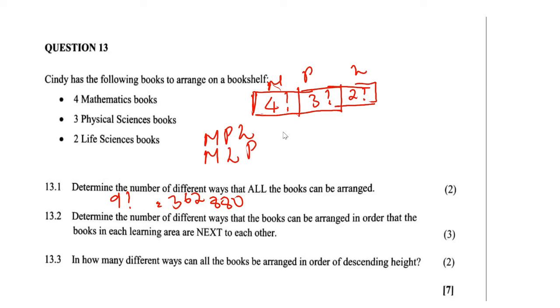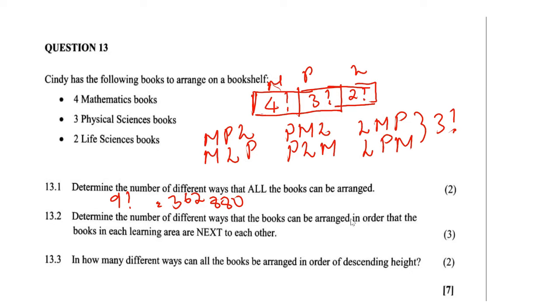Or physical science, maths, then life science, or physical science, life science, then maths. Or life science, maths, then physics, or life science, then physics, then maths. So in total, these are 3 factorial ways.